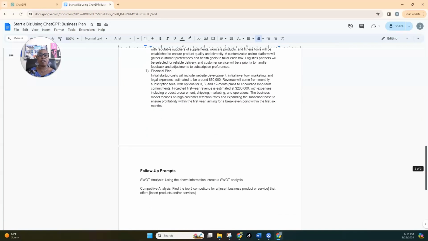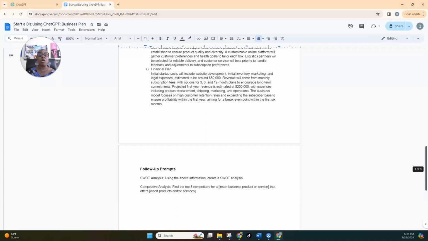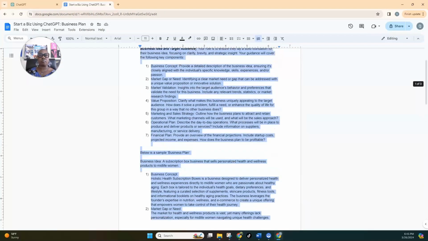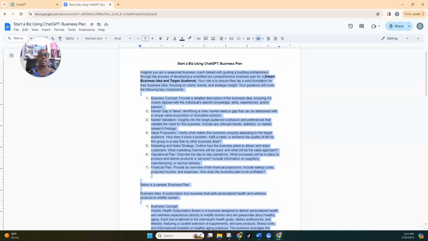As I scroll down, we do also have 2 follow-up prompts asking ChatGPT to create a SWOT analysis and also a competitive analysis as well. So I am going to copy all of this information and put it in my new chat box.